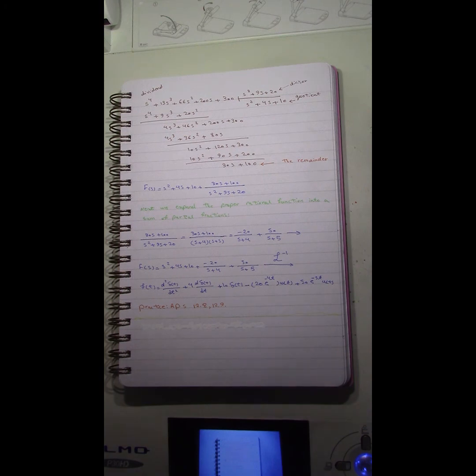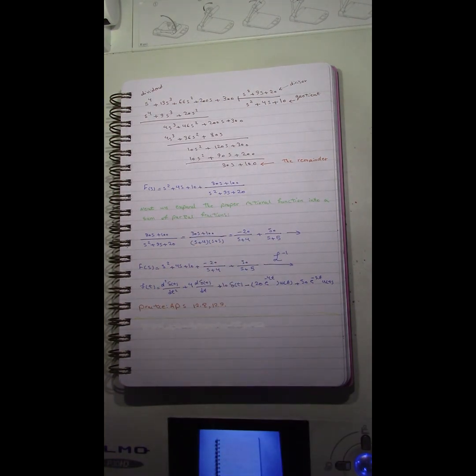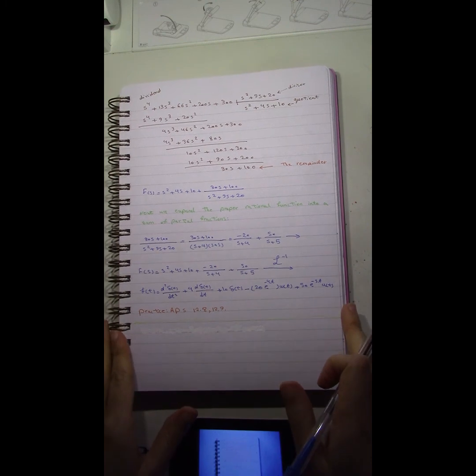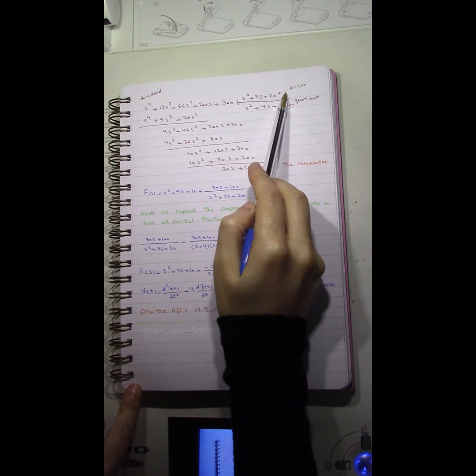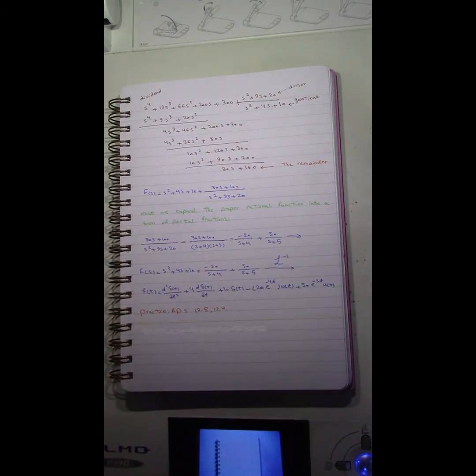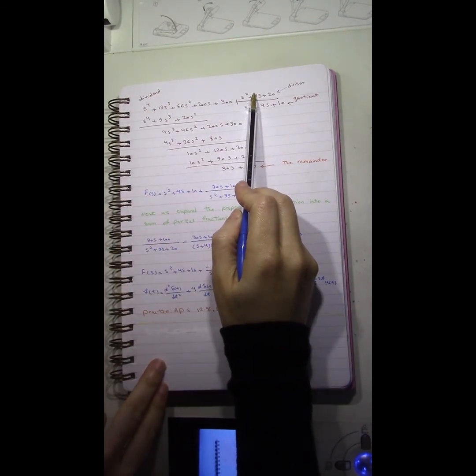Okay, I'm going to explain how I divide this one by this one. The highest order is S4 for this one, and the highest order is S2 for the other.